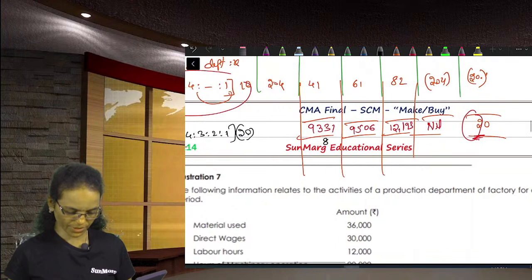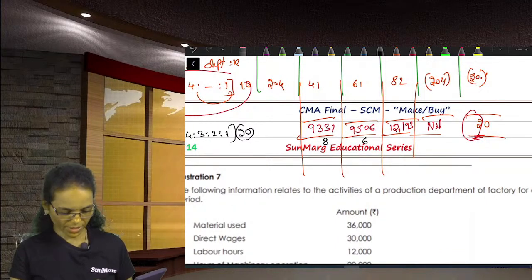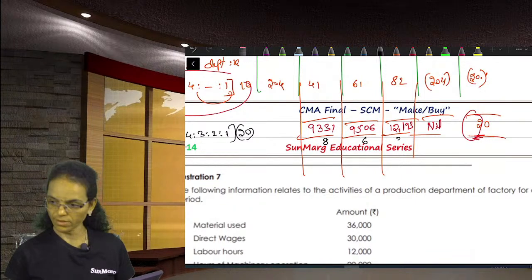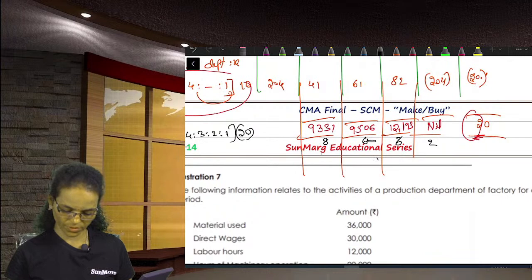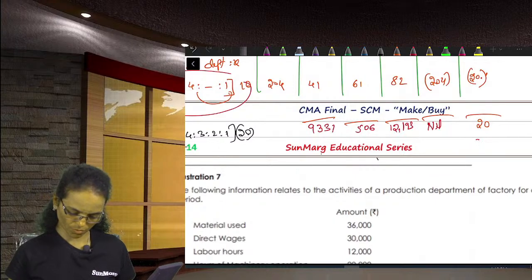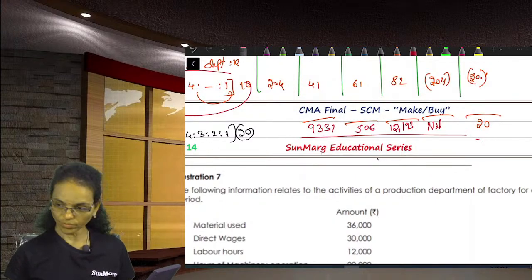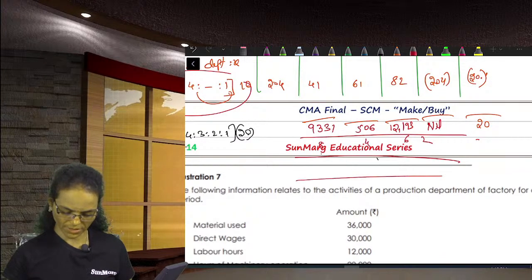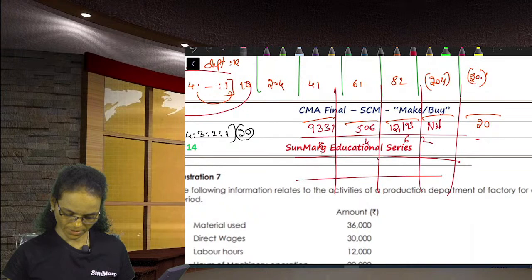Divided by 4, into 3 is 6, divided by 3, into 2 is 4, and 2. 8, this one I am writing directly. 8462. So the total answers I will write directly here.